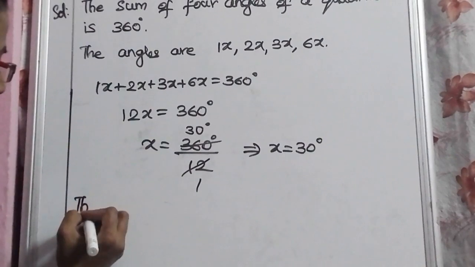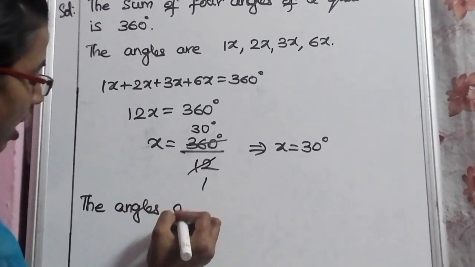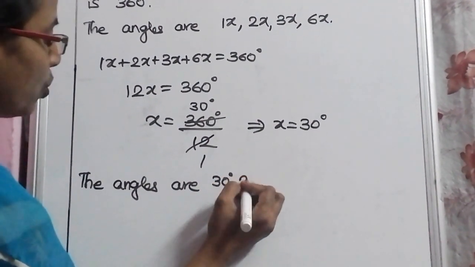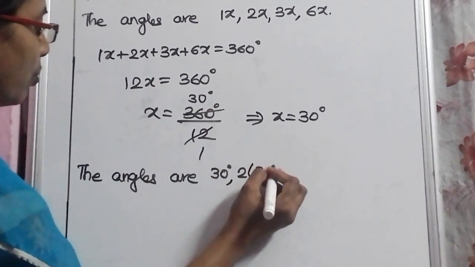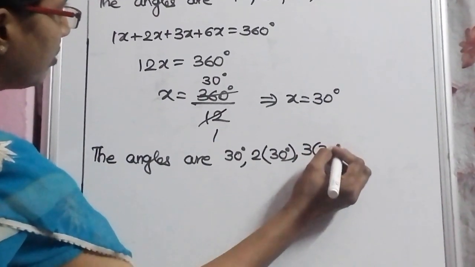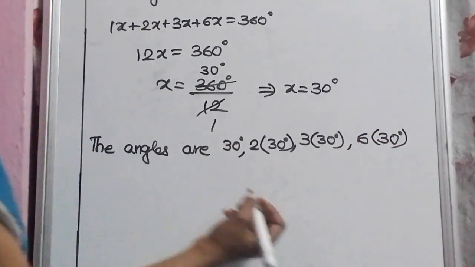Now let us substitute the values. The angles are: x is 30 degrees, 2x is 2 into 30, 3x is 3 into 30, 6x is 6 into 30.